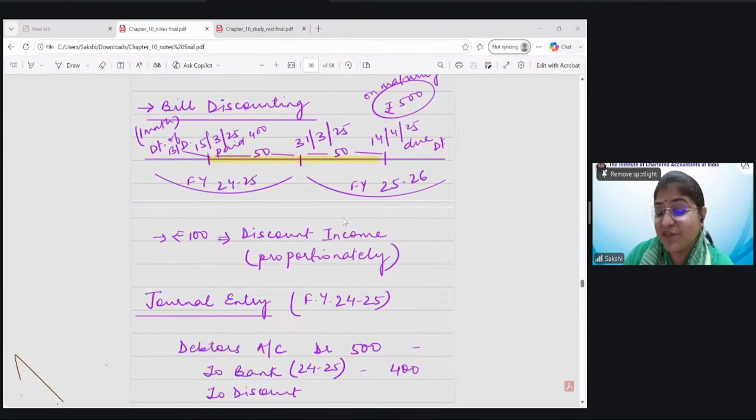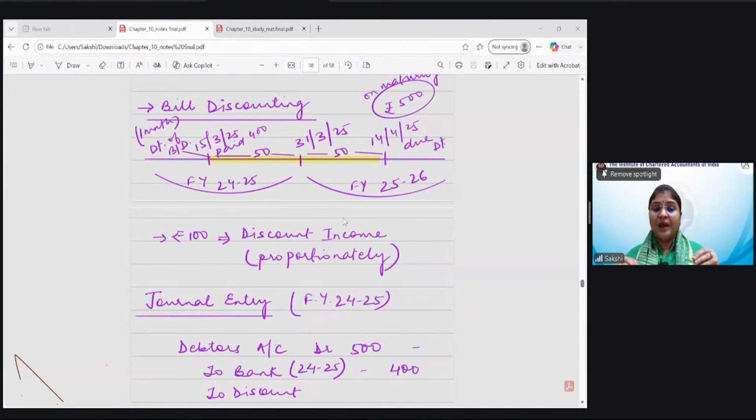The next 50 rupees is for the financial year 25-26, which is now a liability for the bank because it is an advance income. Are you all understanding? The bank is receiving it on 15th March, 100 rupees. So 50 pertains to this year. That is the actual discount earned by the bank. 50 is income received in advance for the next year. Are you all able to understand this or not? Please ask me again if you are unable to.